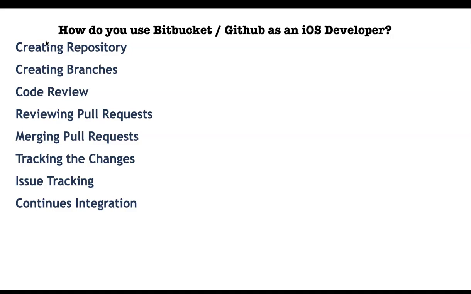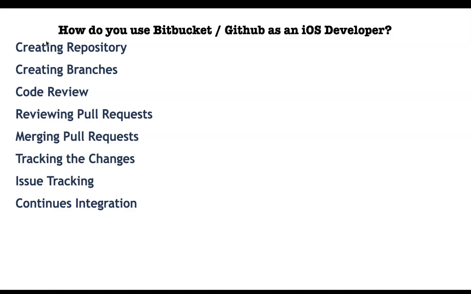One person made some changes to the code and added his feature. As a team member, you have to review their code and review the pull request. A pull request is when the work is done, he creates a request. Then merging the pull request, tracking the changes, issue tracking, continuous integration.